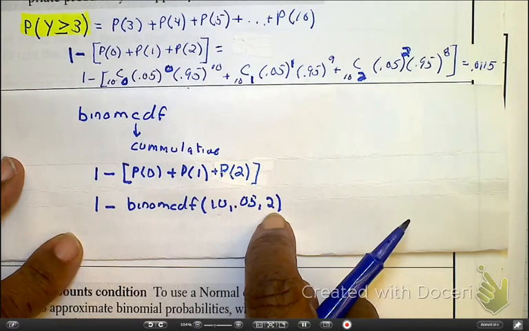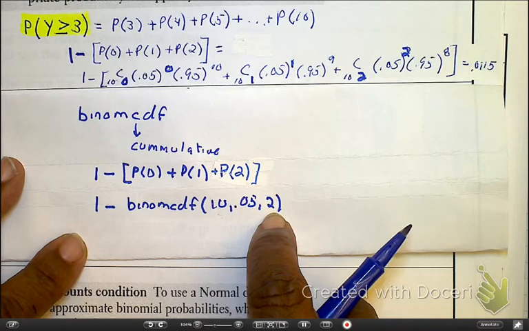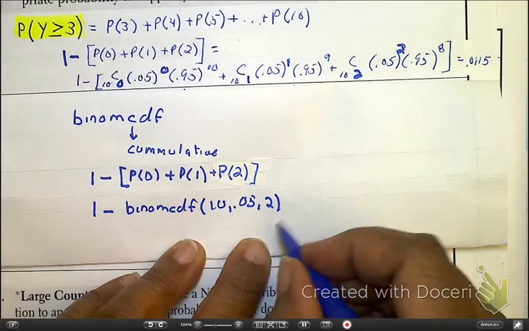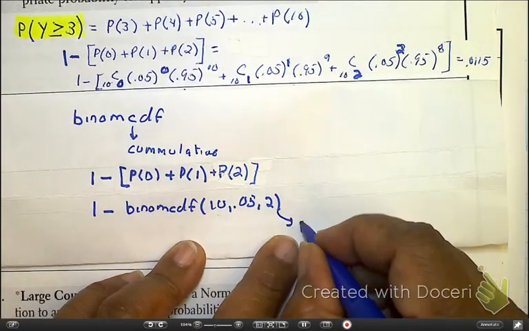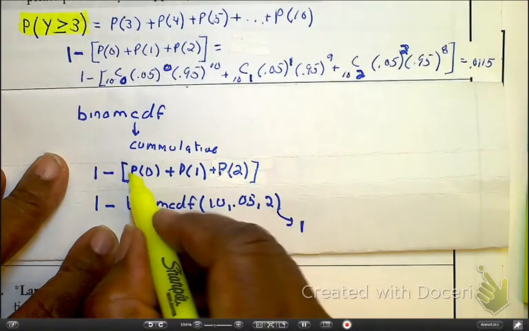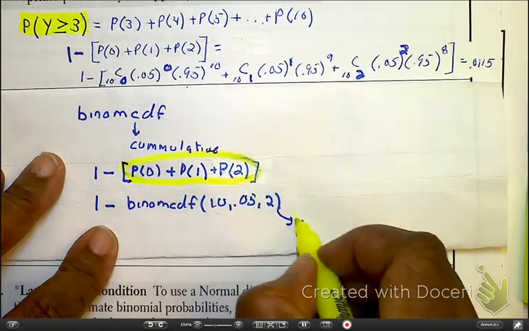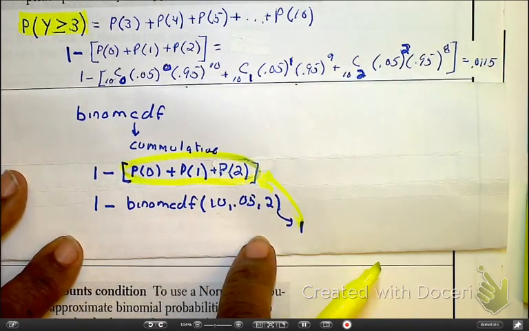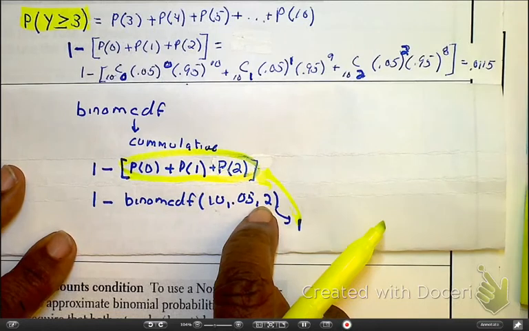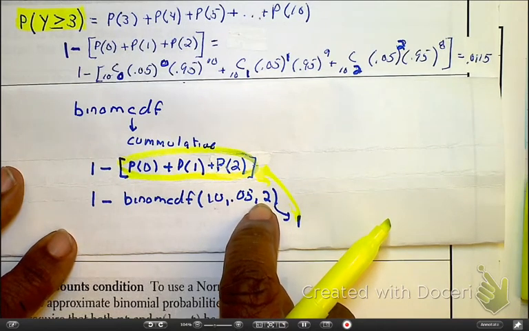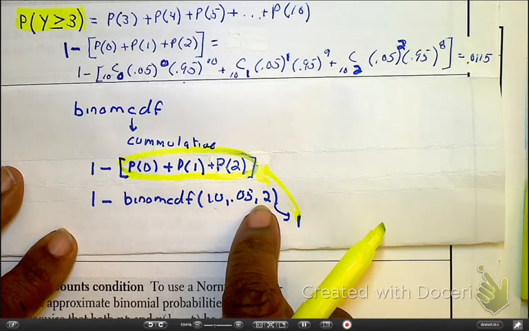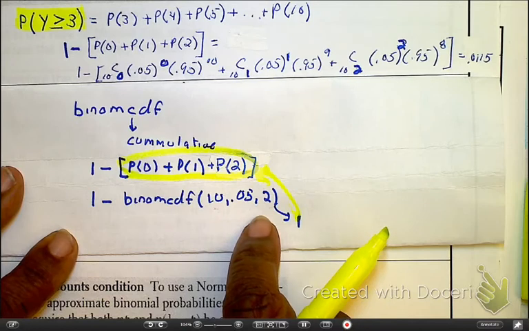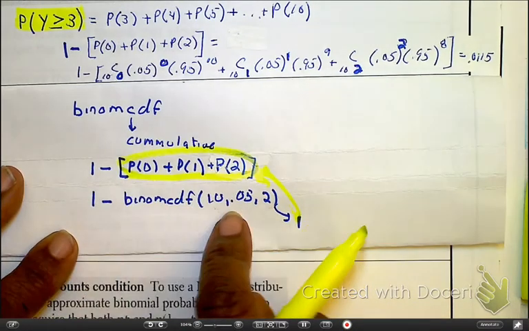But here I'm putting a 2. Why? Because this right here includes the probabilities of 0, 1, and 2. And I want everything that's 3 and above. So by saying a 2, it's going to max out at 2. It's going to give me 0, 1, and 2 for my probabilities, which is exactly what I don't want. So it's 1 minus what I don't want.